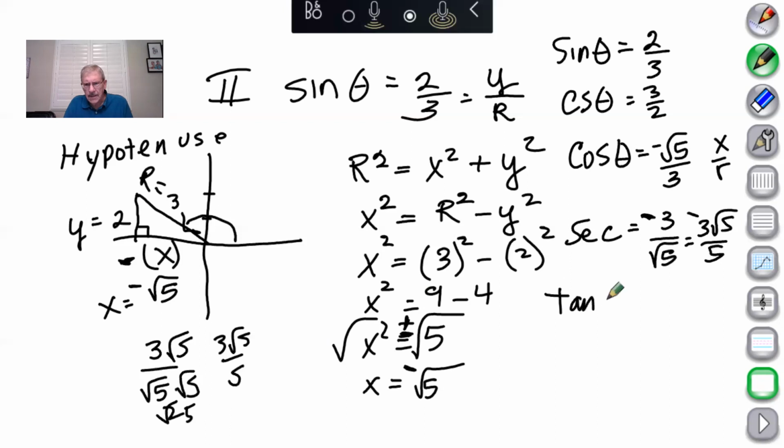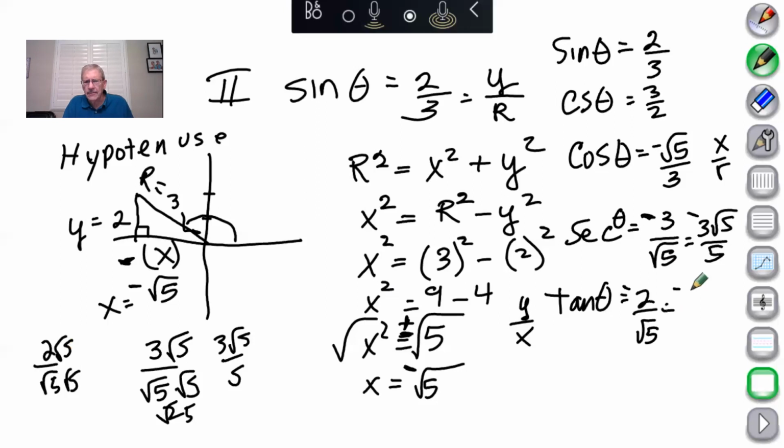Okay, what about the tangent? The tangent of theta, what is that equal to? Y over x, huh? So y would be 2, and x is negative square root of 5, so 2 over negative square root of 5. So again, we have to rationalize. Let's bring up the negative sign to the top, and rationalize that. So 2 radical 5 over radical 25, which is 5.